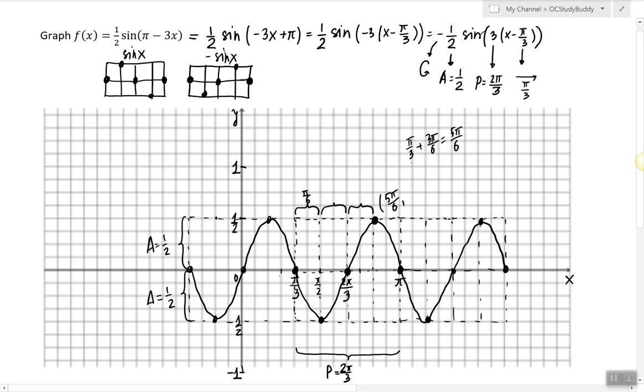And if I want to find the y coordinate, I just have to add 1 amplitude to the y coordinate of this point, which is 0, and that means the coordinate will be 1/2. Similarly, we can find coordinates of any special point on this graph. So this is an example of how to graph a trigonometric function using linear transformations.